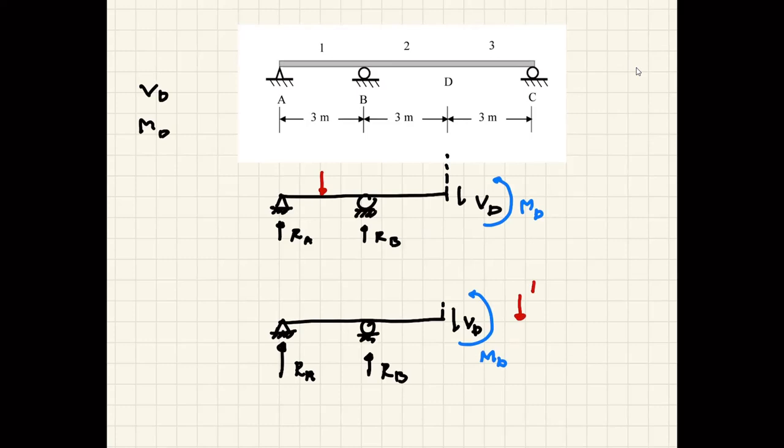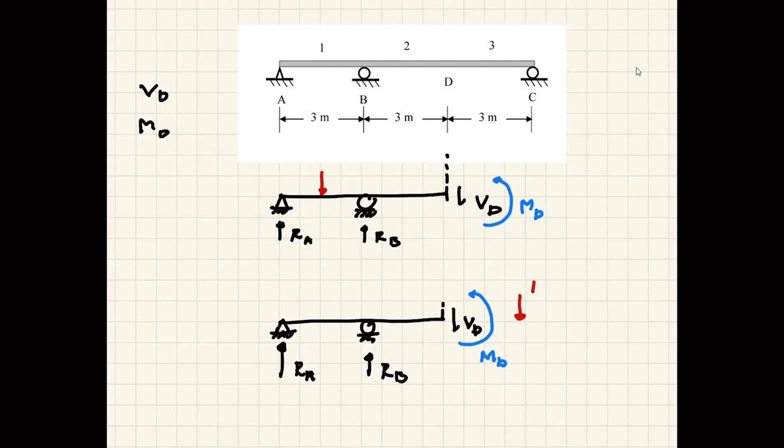So based on the first free body diagram, basically I can say it's a free body diagram that includes the unit load. And the second one, I don't need to do that, right? The second one is the free body diagram that excludes the unit load.